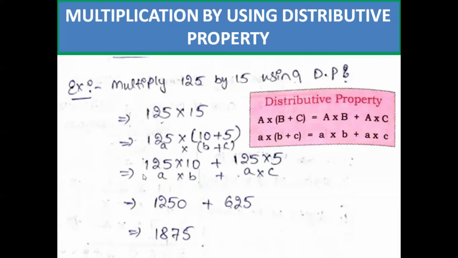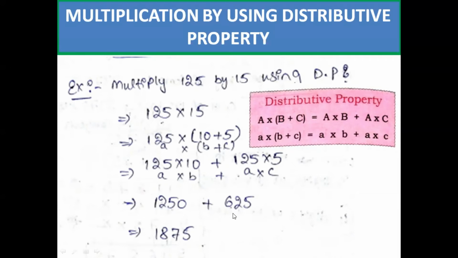See here 125 into 10, A into B. Okay. Plus 125 into 5, A into C. See here A into B plus A into C. 125 into 10 how much? 1250 plus 125 into 5, 625.